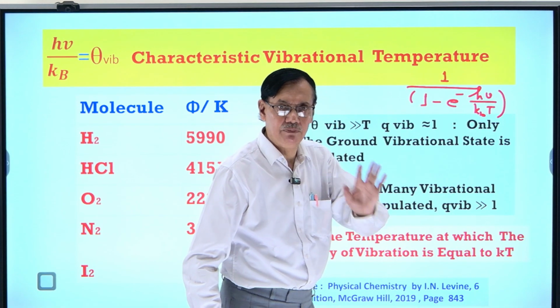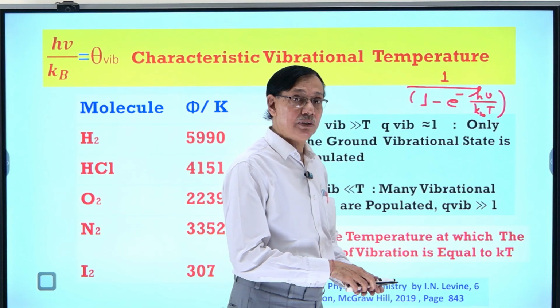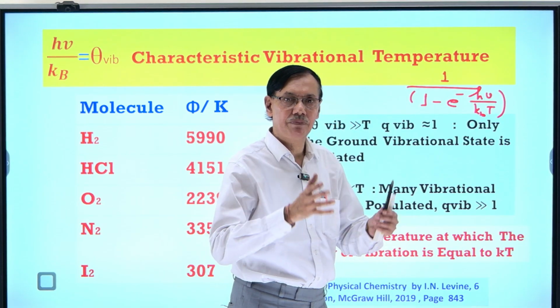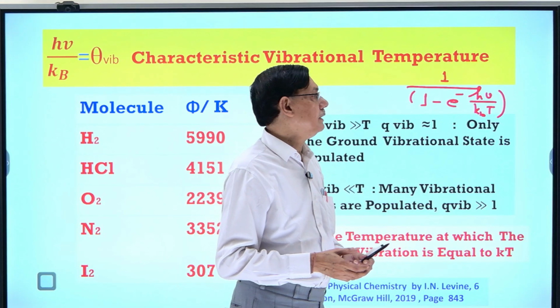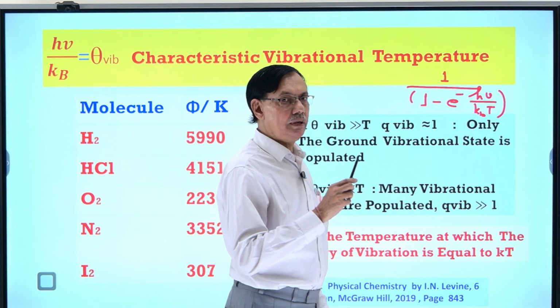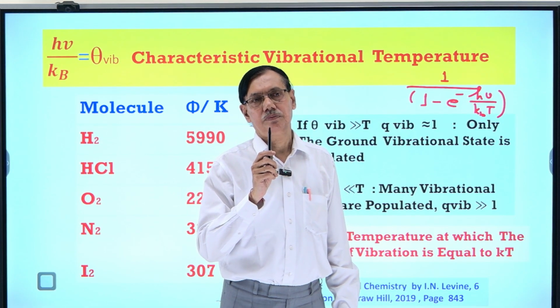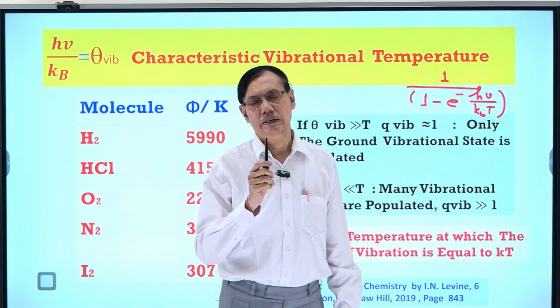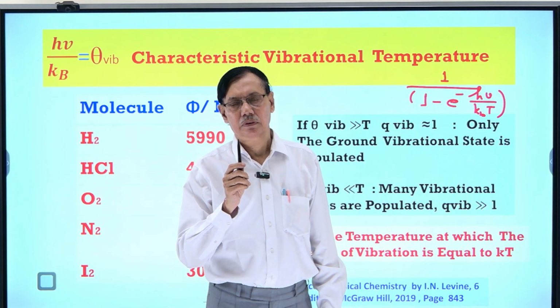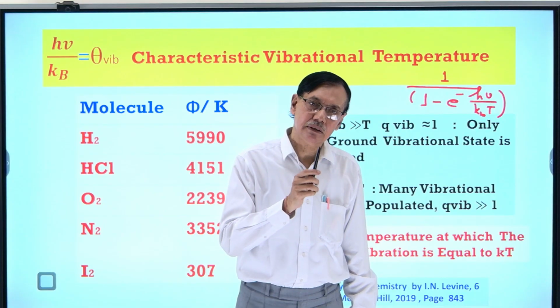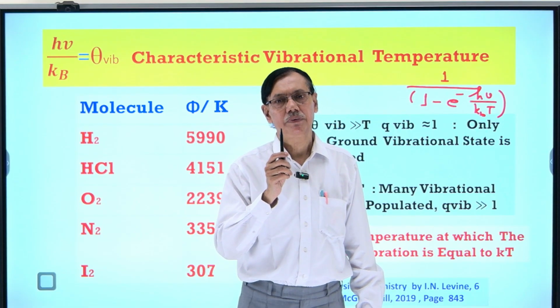So far I have not derived it, but before derivation I would like to explain all the elementary things. You know that in the rotational partition function there is a very important parameter called the characteristic rotational temperature.